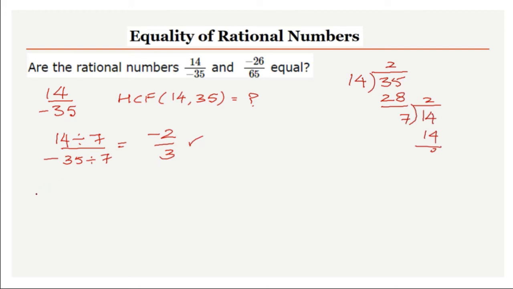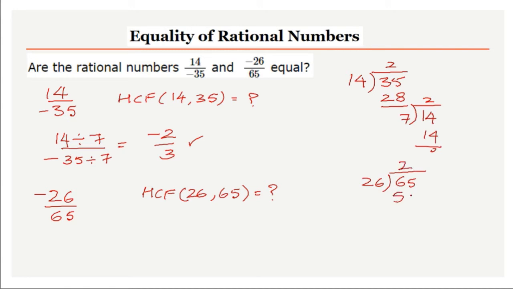Now let me find the standard form of negative 26 upon 65. To find that, let me find the highest common factor of 26 and 65 again by division method. 26 divides 65, 26 2 times is 52.